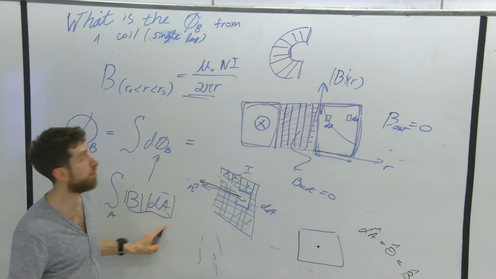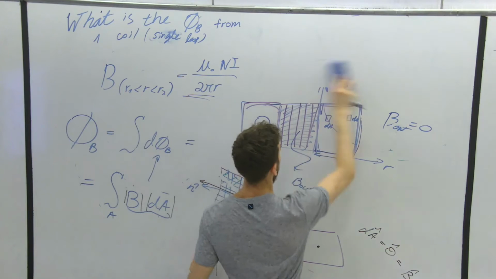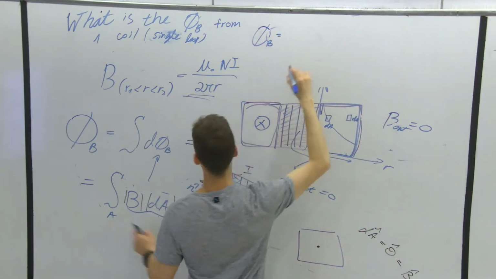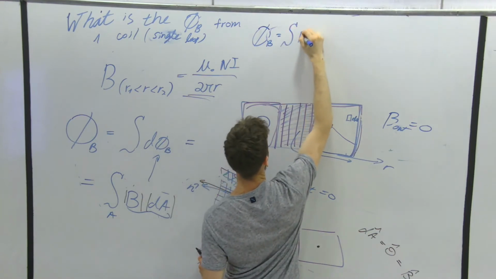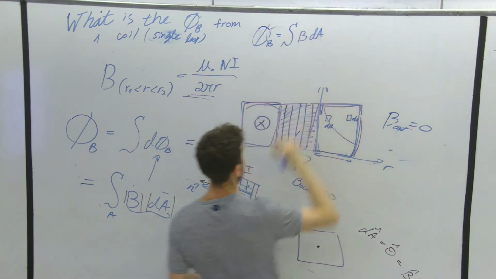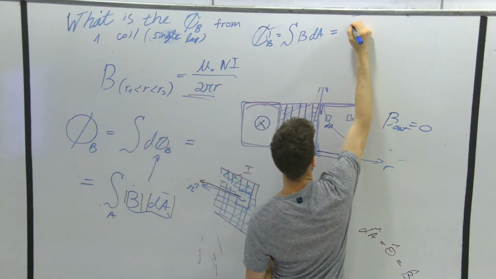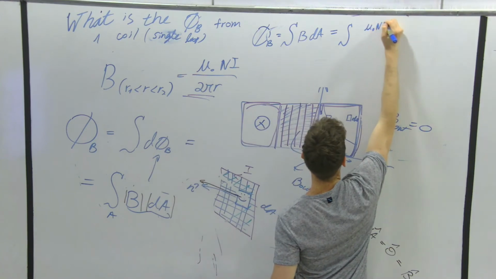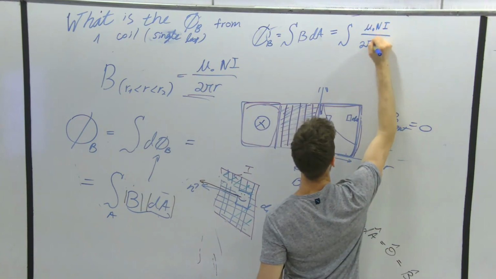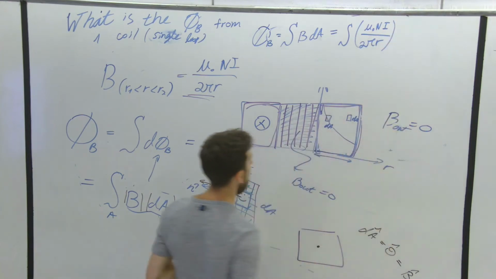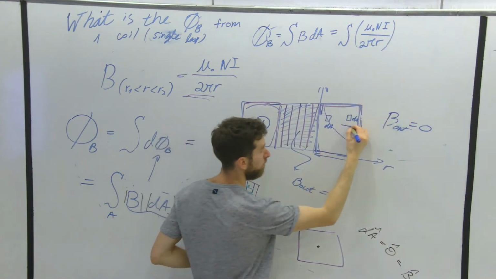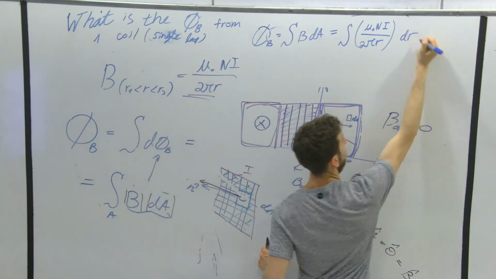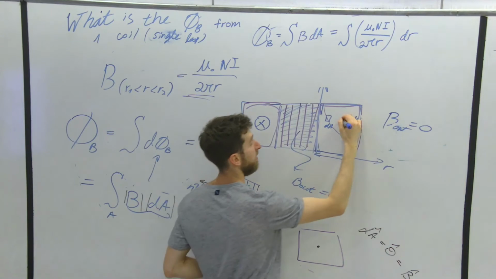The flux is equal to the integral of B dA, say that they are in the same direction, and B is mu0 N I over 2 pi r. This is B, it's changing. And what is dA? dA is a small movement in the r direction, so we have here dr, and a small movement in the height.